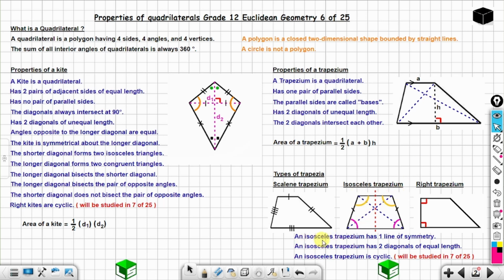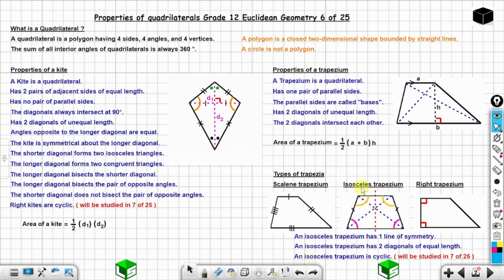Only an isosceles trapezium. And an isosceles trapezium has got two diagonals of equal length. This diagonal and this diagonal are equal. But in this one, the diagonals are not equal. And an isosceles trapezium is cyclic. We are going to see this in 7 of 25.